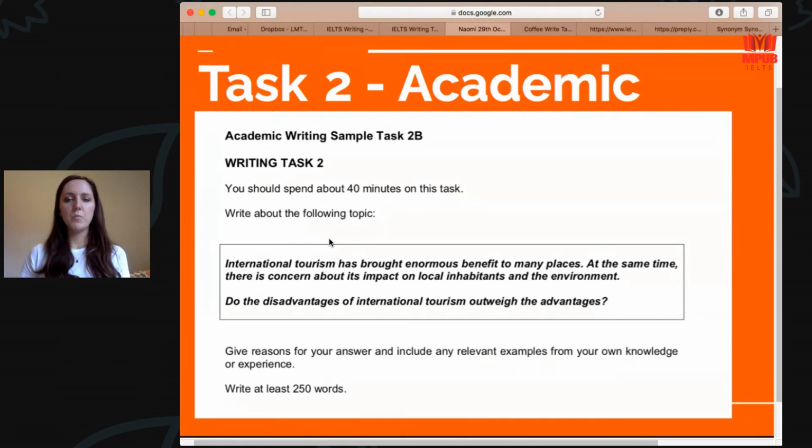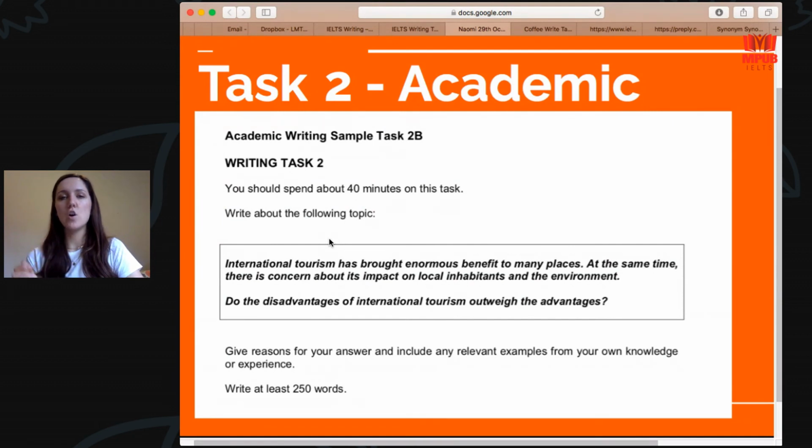So I underline keywords: international tourism, enormous benefit. What's the second sentence telling me? It's telling me the opposite. People are having concern. What does concern mean? It means worry. It means people are unsure.